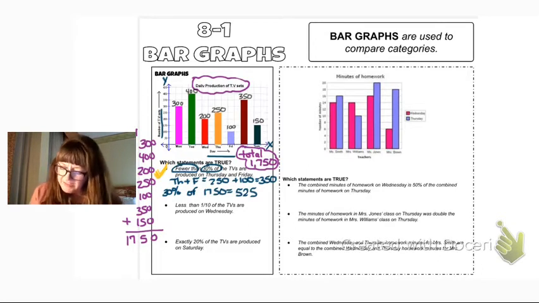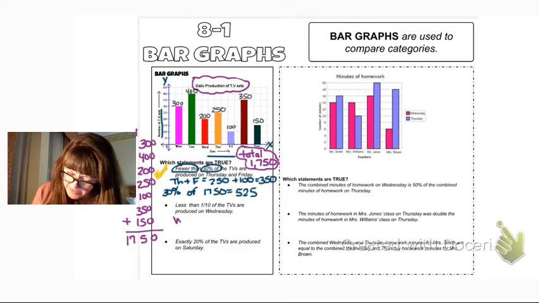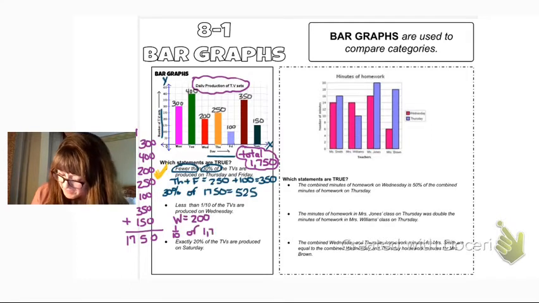Look at the next one. Less than 1/10 of the TVs are produced on Wednesday. So on Wednesday, we have a total of 200. So we need to see what 1/10 of 1,750 is. If we divide 1,750 by 10, or just shift the decimal 1 to the left, that gives us 175.